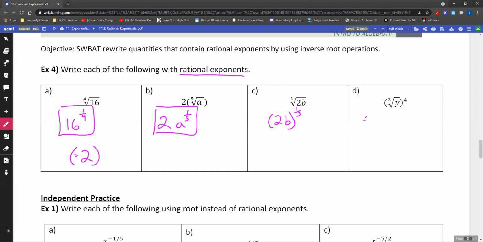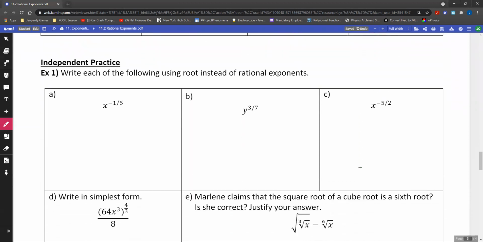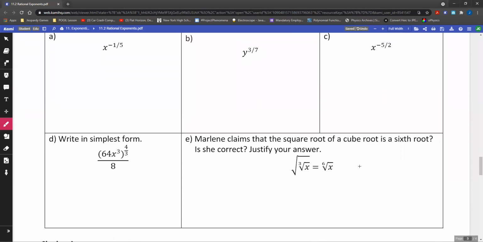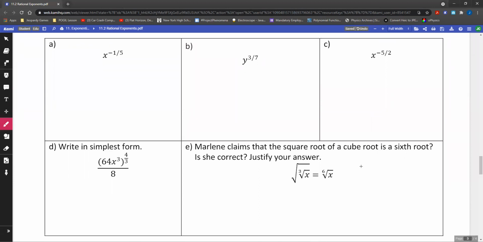And similar thing here, this y is going to be raised to a 1/3, but because of that 4 on the outside, I have to multiply the 1/3 by 4, and I get y to the 4/3. So again, you should be able to go back and forth between all these different ways of writing with rational exponents. Okay?